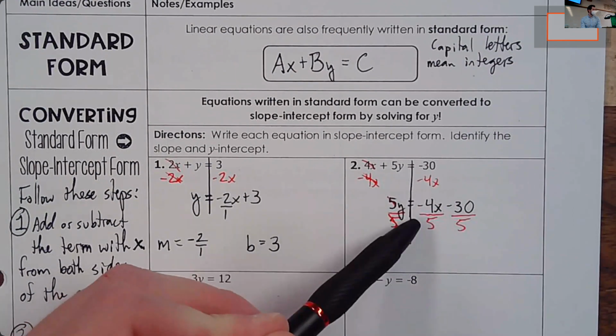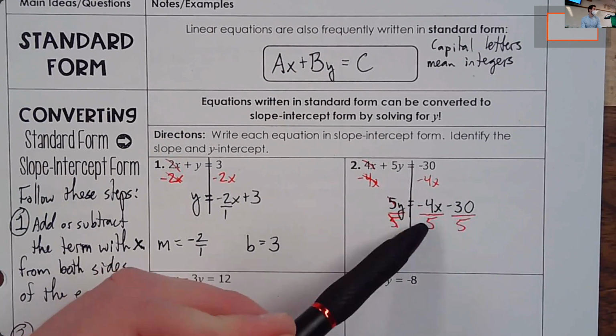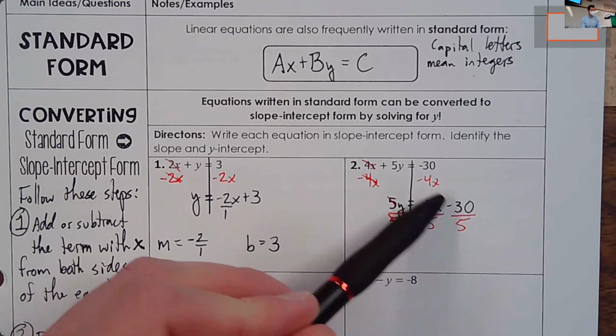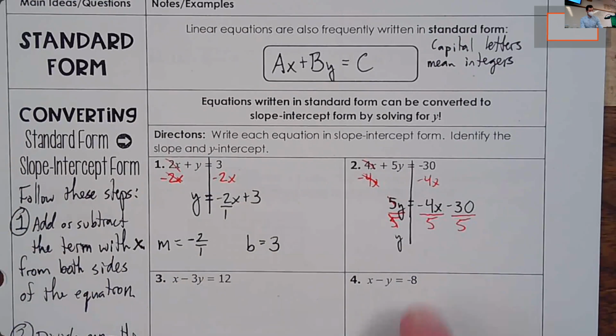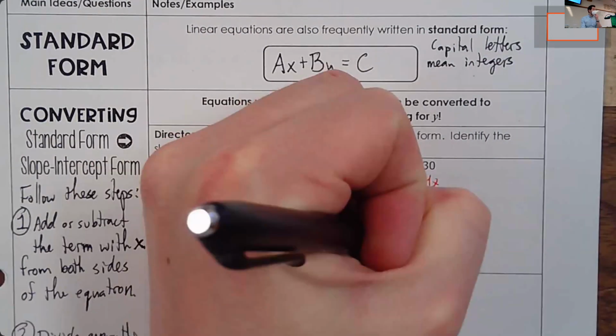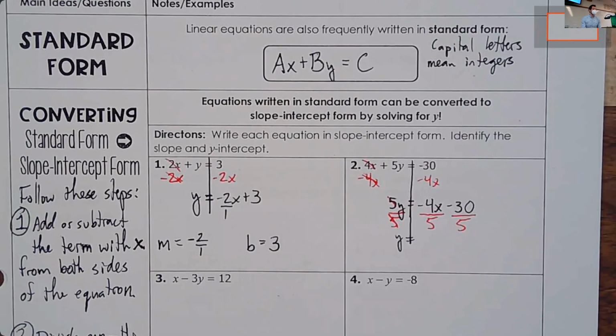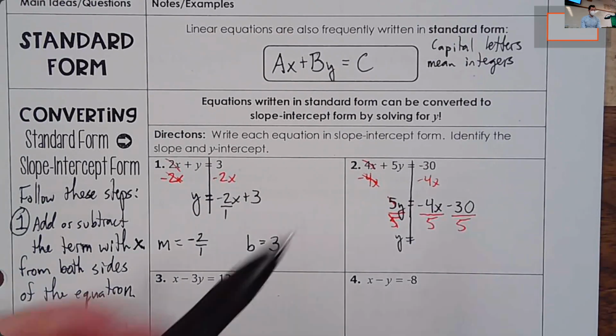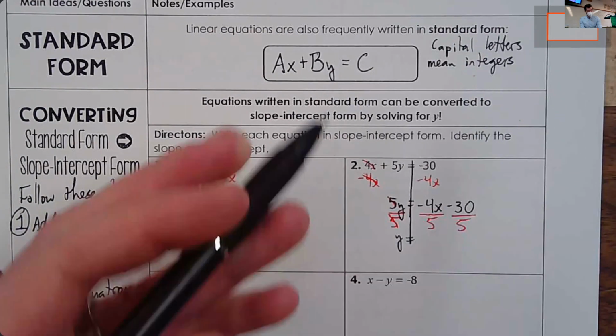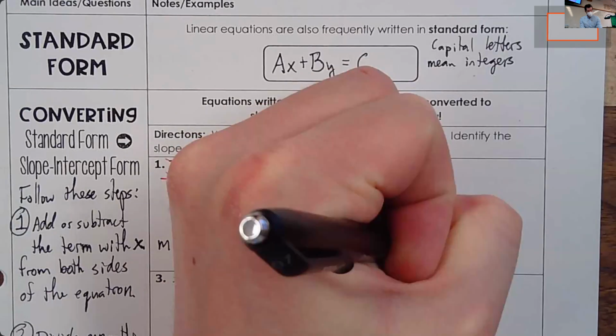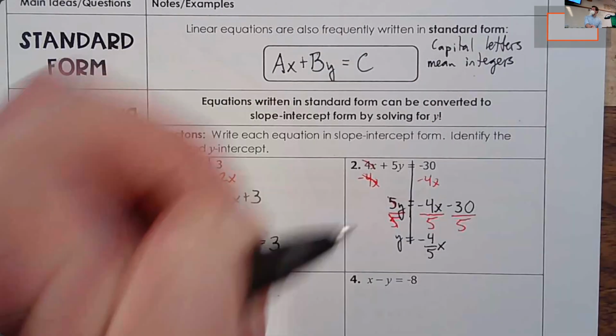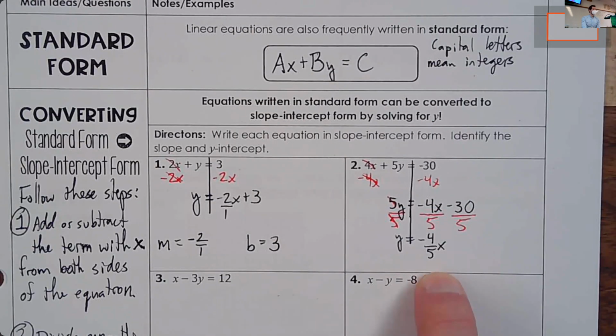Does that divide evenly, first of all? No. So how should we write this? If we're thinking about slope, how should we write this on the bottom line here? As a fraction, yeah. So -4 divided by 5, if it doesn't divide evenly, just write that fraction, -4 over 5x. Because -4 over 5, that's going to be our slope.